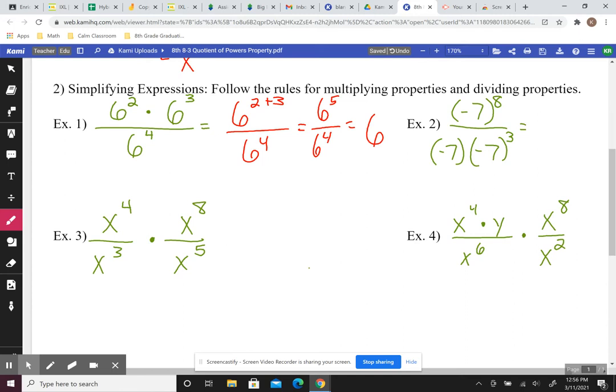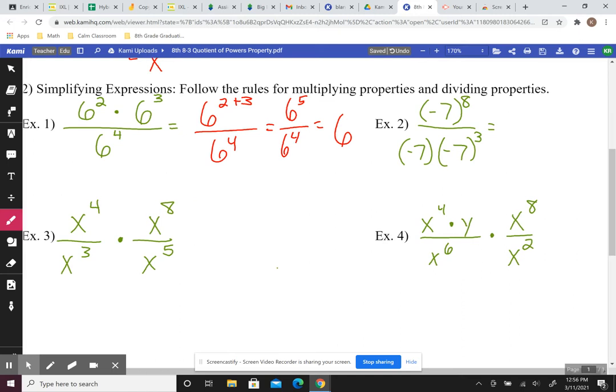All right, example 2, -7 to the 8th power over -7 times -7 to the 3rd power. The first thing we want to do is simplify anything on here that we can before we do the division. So we have multiplication to deal with. We keep the negative with that 7, to the 8th, over -7 to the 4th power, because this is really a 1 here, so 1 plus 3 is 4, right? -7 to the 8th, and then -7 to the 4th power.